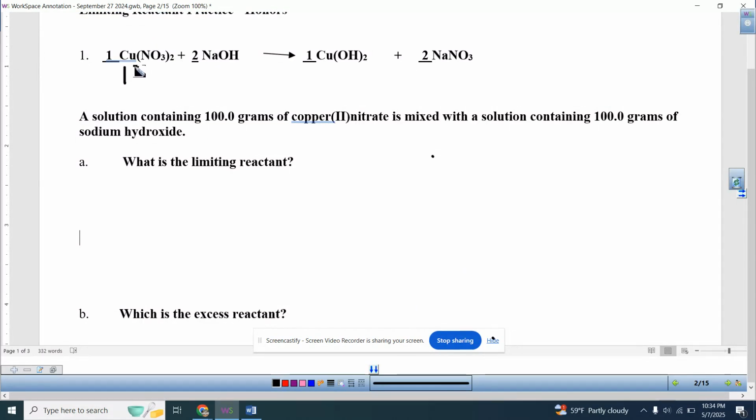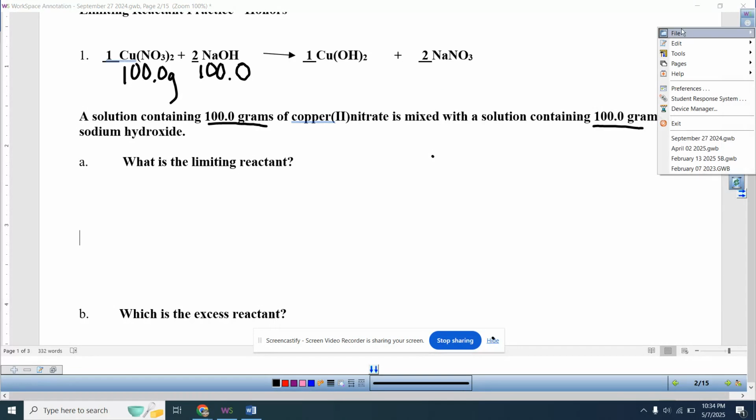100 grams of the copper nitrate and 100 grams of the sodium hydroxide. Anytime you're given two amounts of a substance and you're looking for a product, we are looking at a limiting reactant problem.